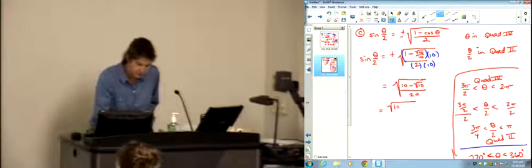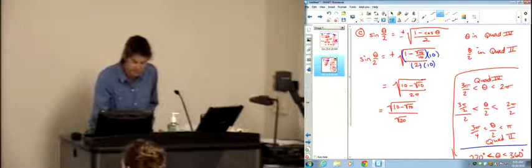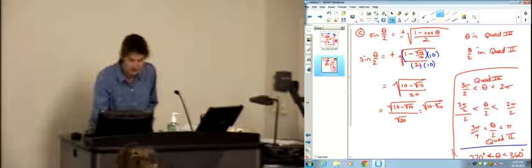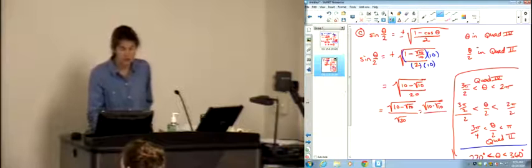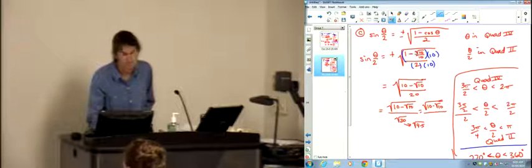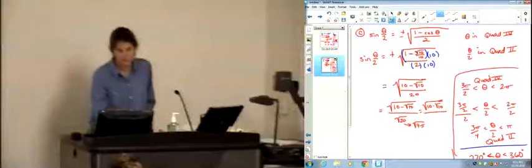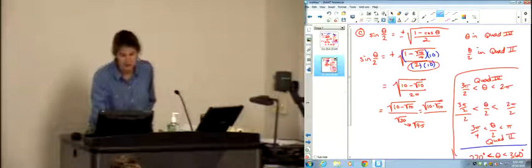Well, that means the square root of 10 minus the square root of 10 over the square root of 20. Square root of 20, what about that one? 20 is 4 times 5, so what's it going to be? Go ahead. I did that 2 times 10 right there and got 20.